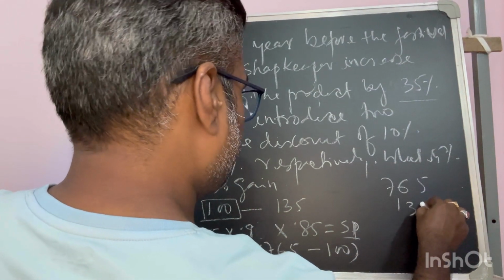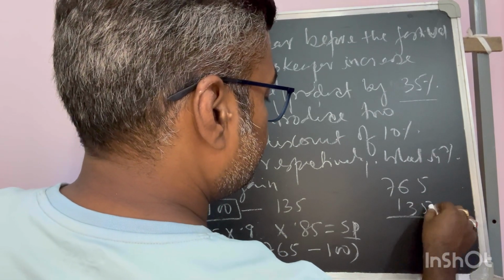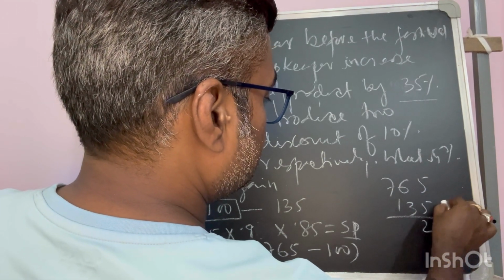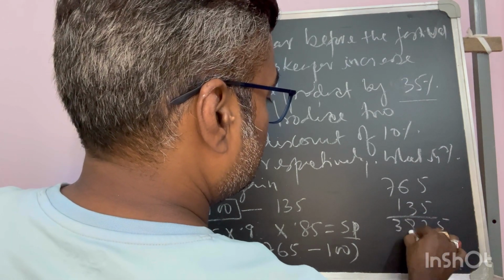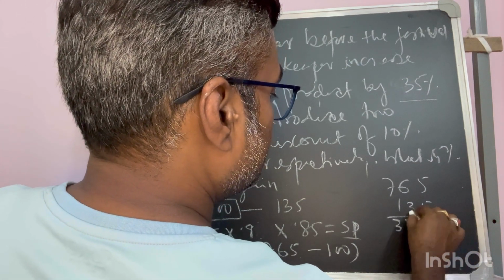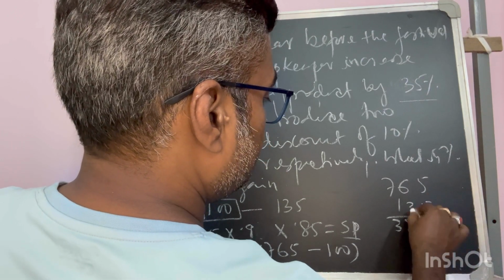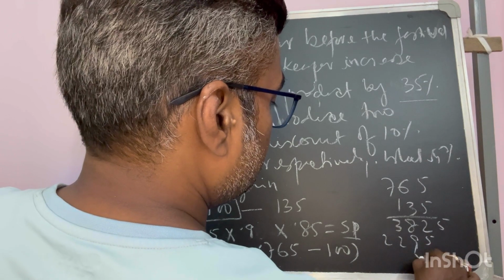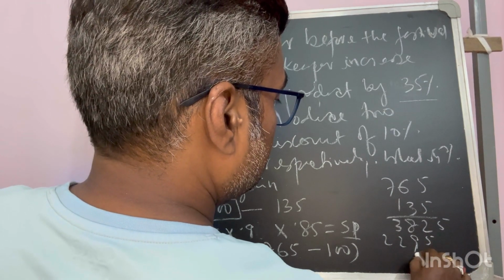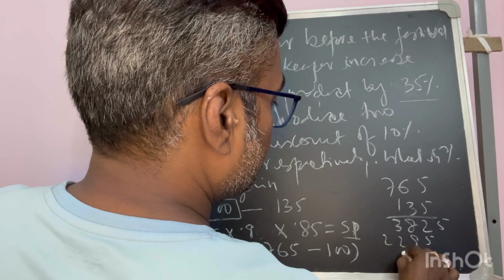So 135, 5 5 25, 32, 3, 35, 38, then 3 5 10, 3 7 19, 21, 22, sorry, 5 6 7.